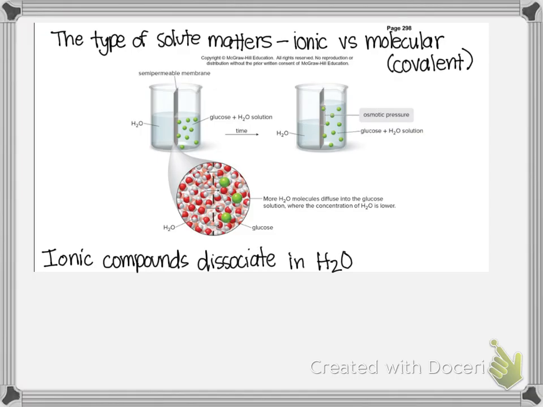Now, what does dissociate mean? Dissociate means, if you recall, that it will fall apart or separate into ions. And then the other thing I want to recall, because we're going to need to look at a formula and recognize if it's ionic, remember, ionic compounds are made of metals and nonmetals.